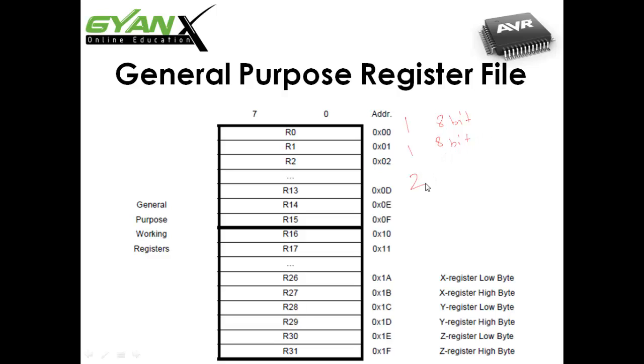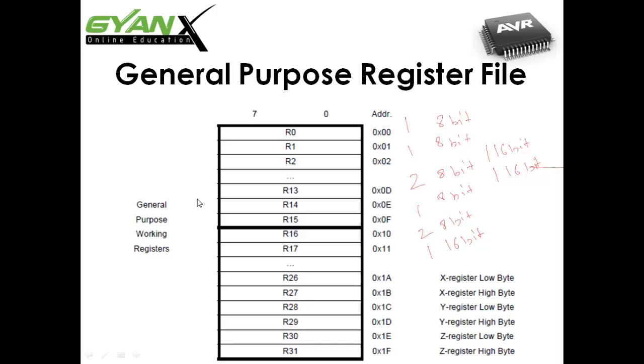Next you have two 8-bit output operands and one 8-bit input operand, and the next is again two 8-bit output operands and one 16-bit input operand. You have again one 16-bit output operand and one 16-bit input operand. So in this way you have the general purpose registers as shown in the figure.